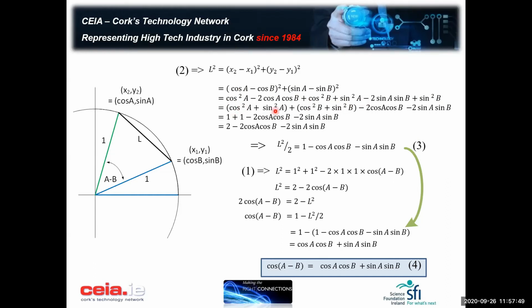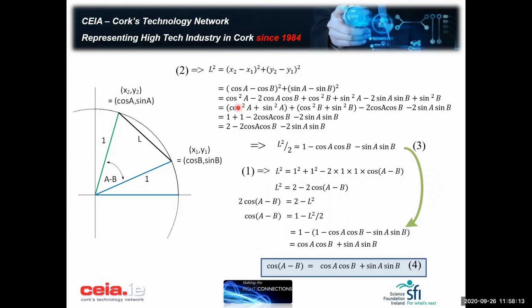And an identity that you do need to remember is that the cosine squared plus the sine squared of any angle adds up to 1. And you'll be using that identity over and over again. So that is an important one to remember. It is in the log tables. That one is so fundamental that you shouldn't even need to refer to the log tables for it.